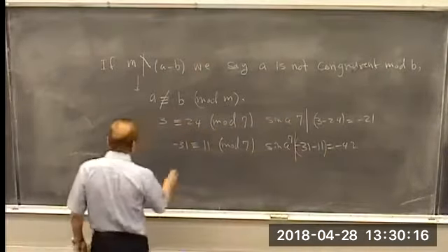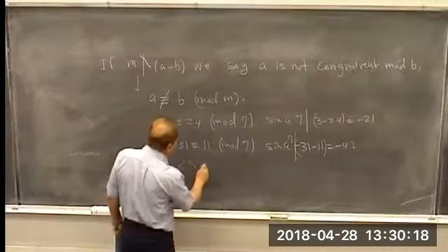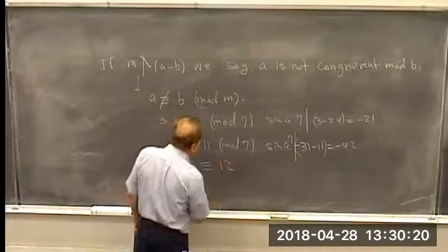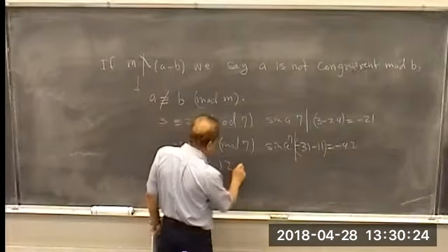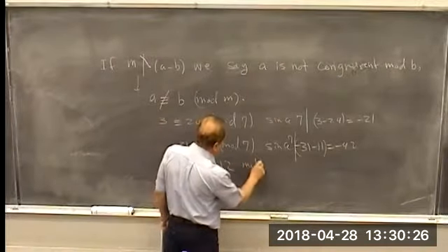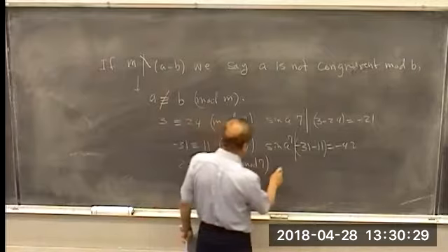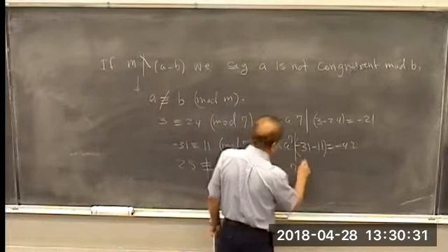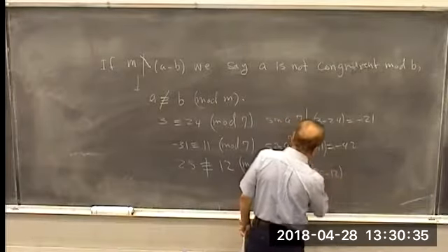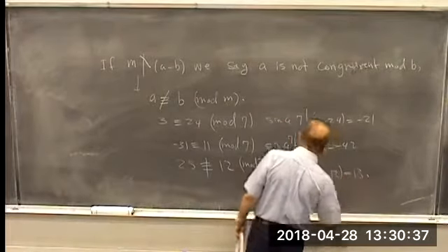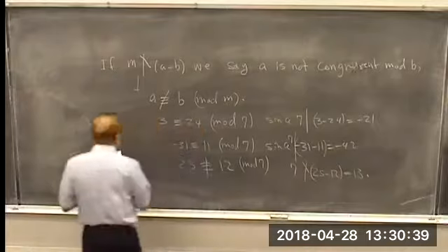On the other hand, when you look at 25 and 12, this is not congruent mod 7, because 7 does not divide 25 minus 12, which is 13.